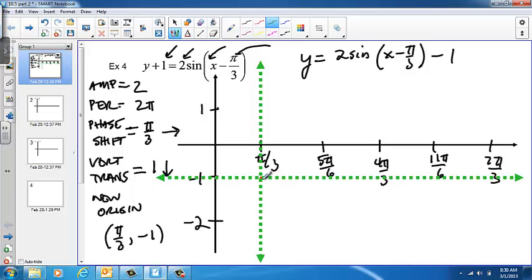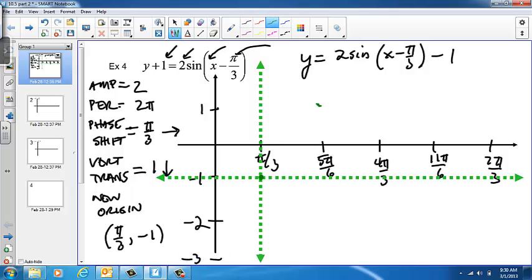So the sine curve starts with an output of 0, but we're at our new origin. And we're going to have an amplitude of 2. So from negative 1, we're going to go all the way up to 1, and as far down as negative 3. So I should probably label this down here, negative 3.